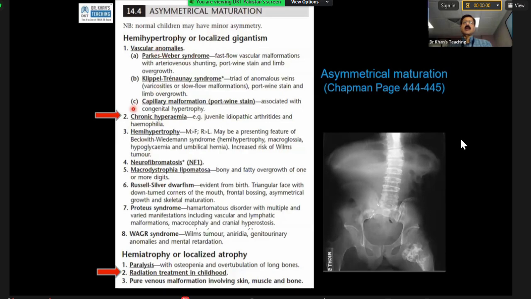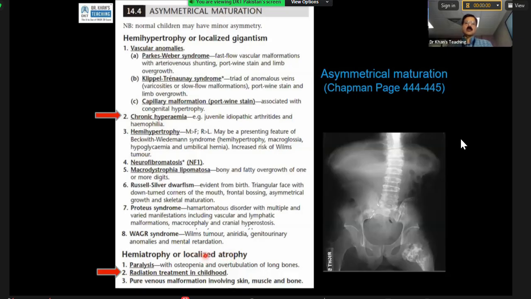And by the way, hyperemia can cause hypertrophy. So, for example, in JIA or hemophilia, the epiphysis will become enlarged. On the contrary, this here is hemiatrophy or localized atrophy, and this is an exam case.